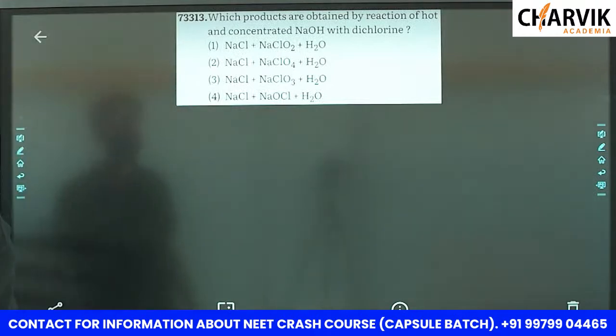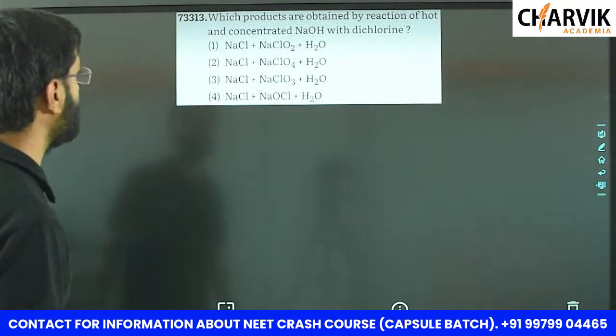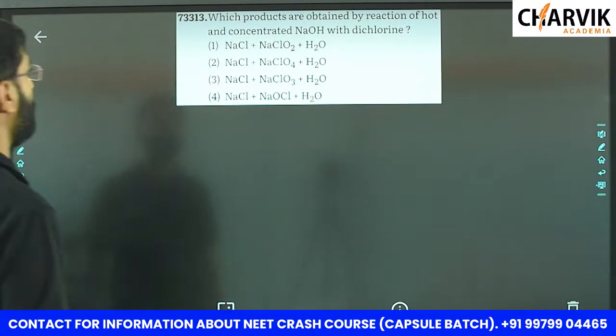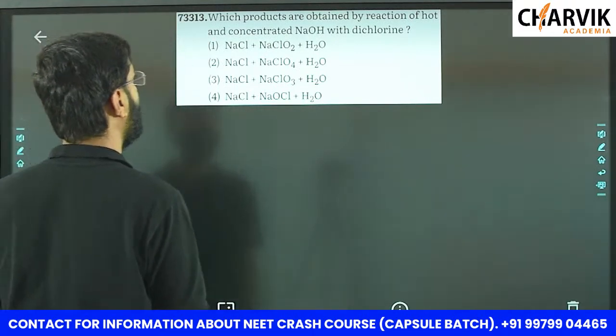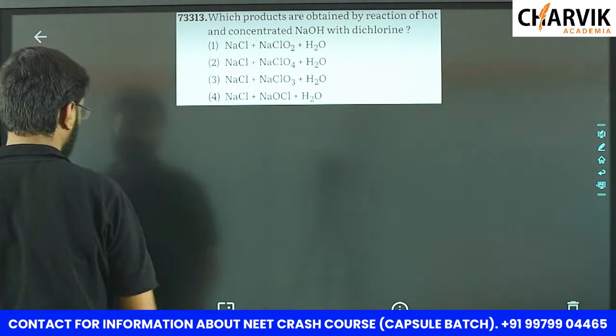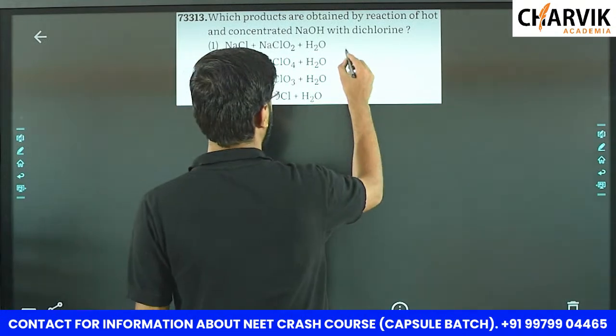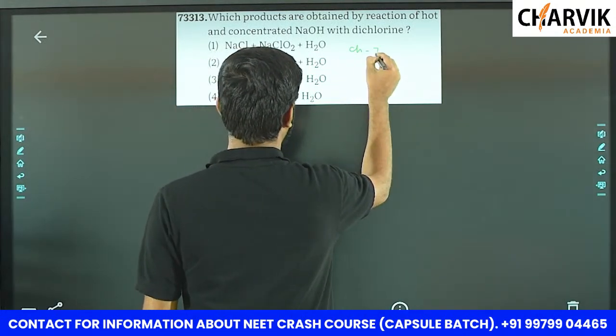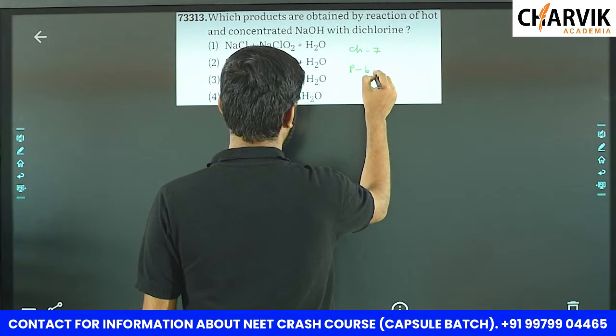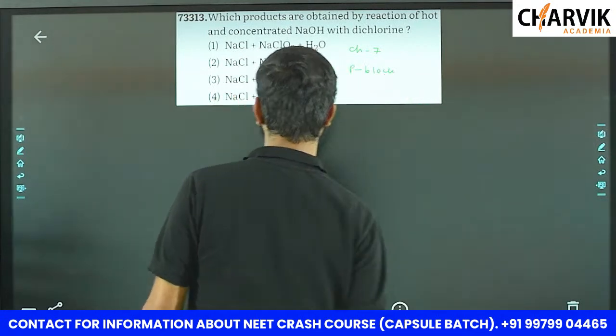Move to next question. Which products are obtained by the reaction of hot and concentrated NaOH with dichlorine? Good question, and it belongs to chapter number 7, p-block.